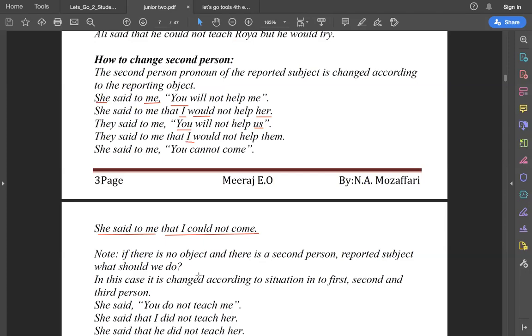So the problem is the time that we don't have an object in our sentence. If there is no object and there is a second person reported subject, what should we do? It's too easy. In this case, let us change according to situations into first, second, and third person.